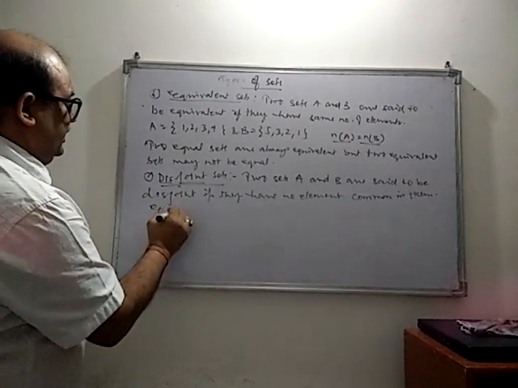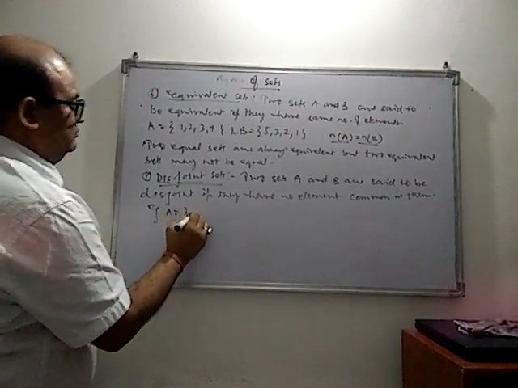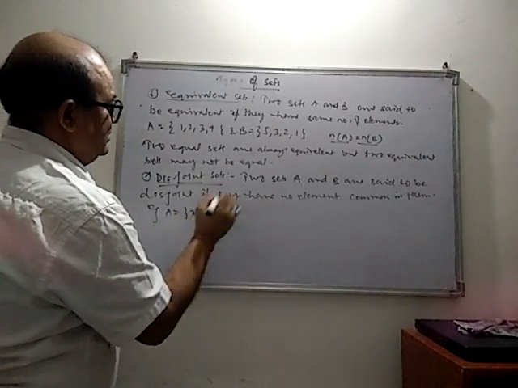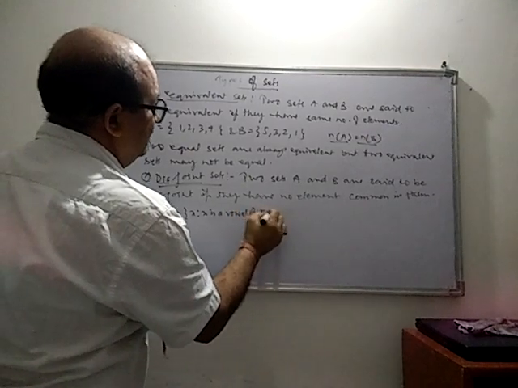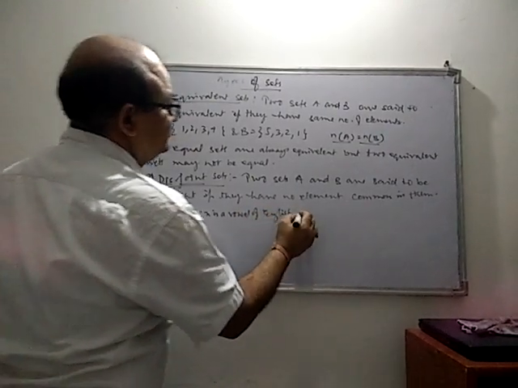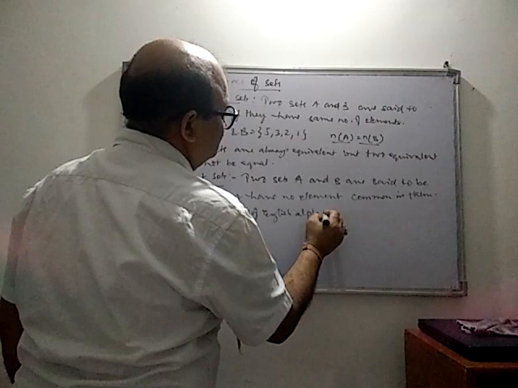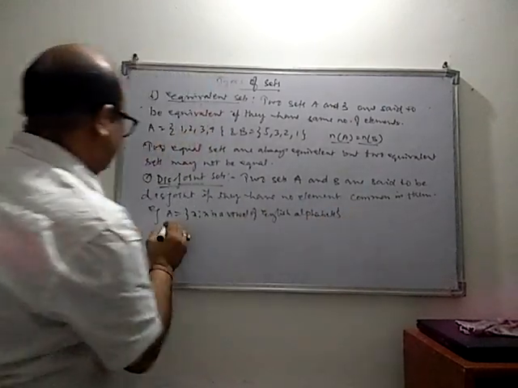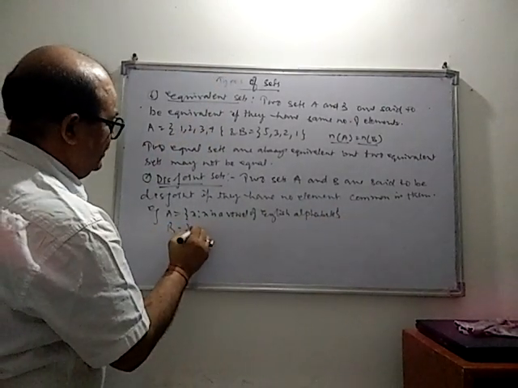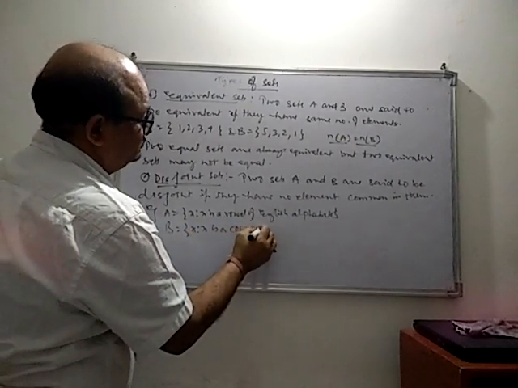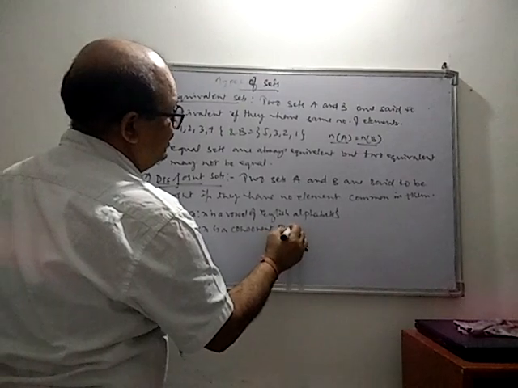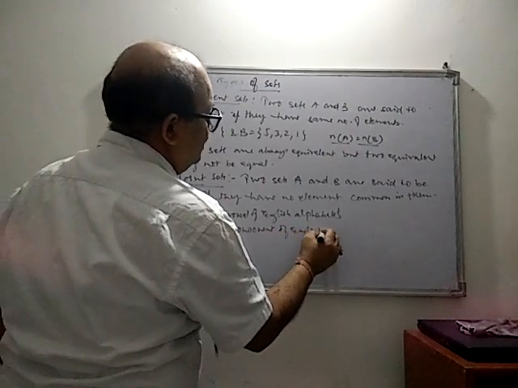Suppose, for example, A equals {x such that x is a vowel of the English alphabet} and B equals {x such that x is a consonant of the English alphabet}.